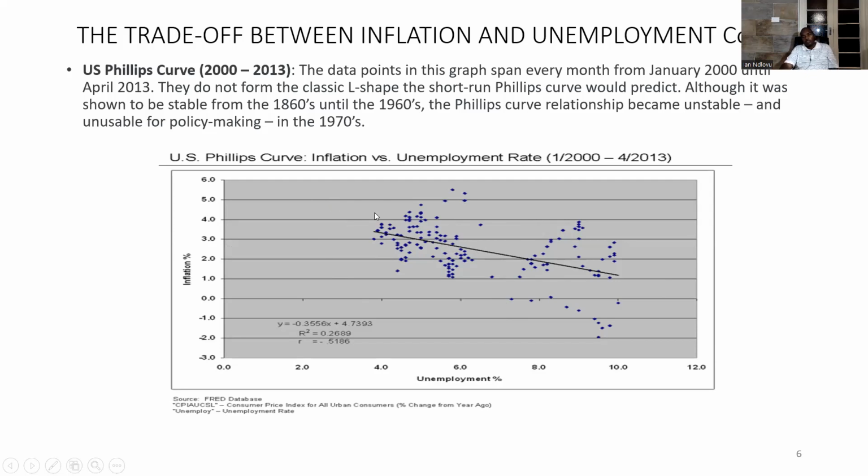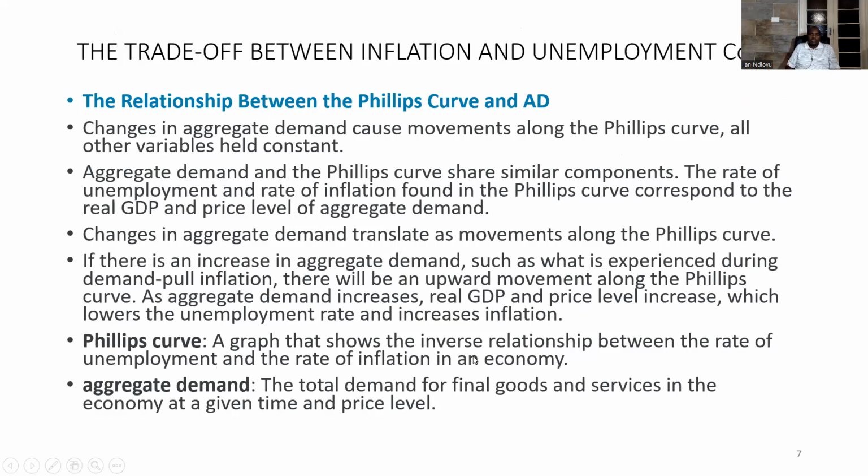The points start up at the beginning, and then the cluster goes down, such that the line of best fit will be a downward sloping line, seeming to imply the short-run Phillips curve. We would expect that for data of 14 years from 2000 to 2013 inclusive. The relationship between the Phillips curve and aggregate demand in an economy.